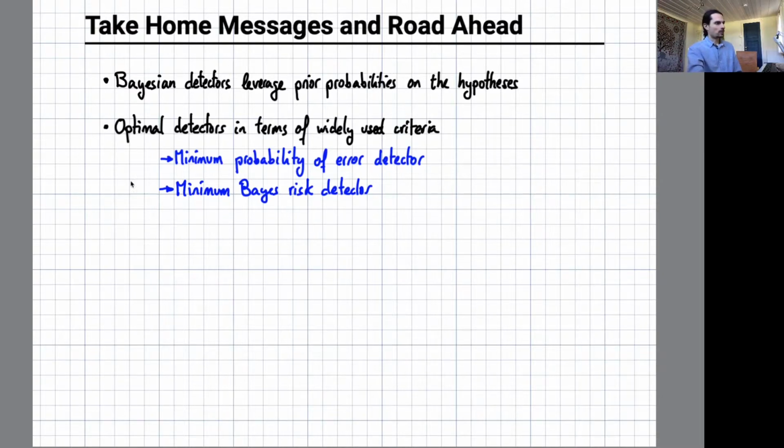We also presented the optimal tests according to these criteria, and it is remarkable to note that their test statistics were, in both cases, the likelihood ratio that we know from the previous lectures.